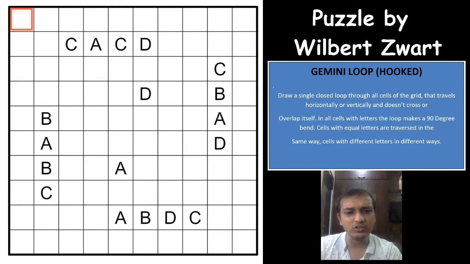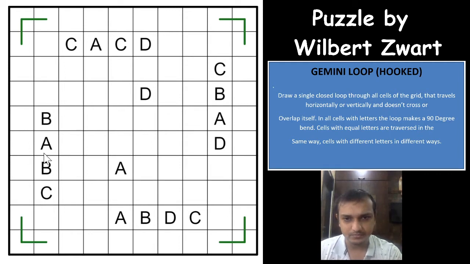Now coming on to this puzzle, you have to draw a single closed loop that starts at one point and ends at the same point, and it goes through all the white cells and the letters in the grid. Each time the loop goes into a letter, it makes a 90-degree turn.